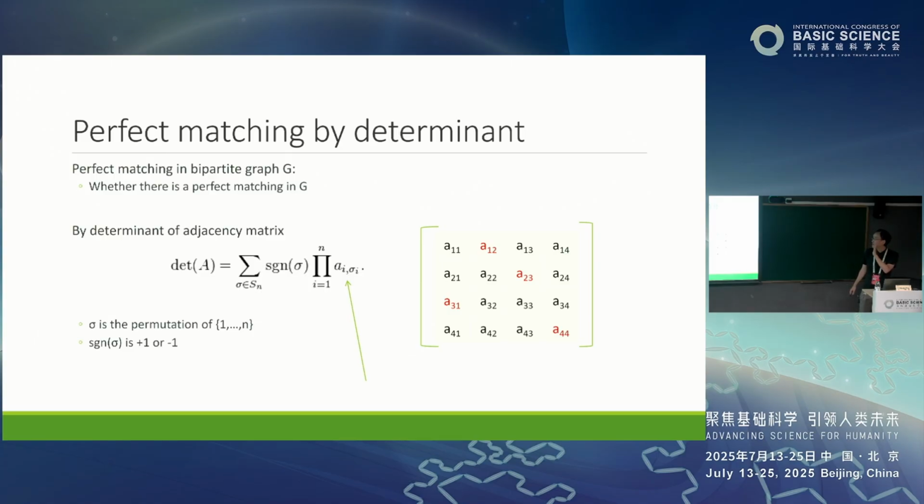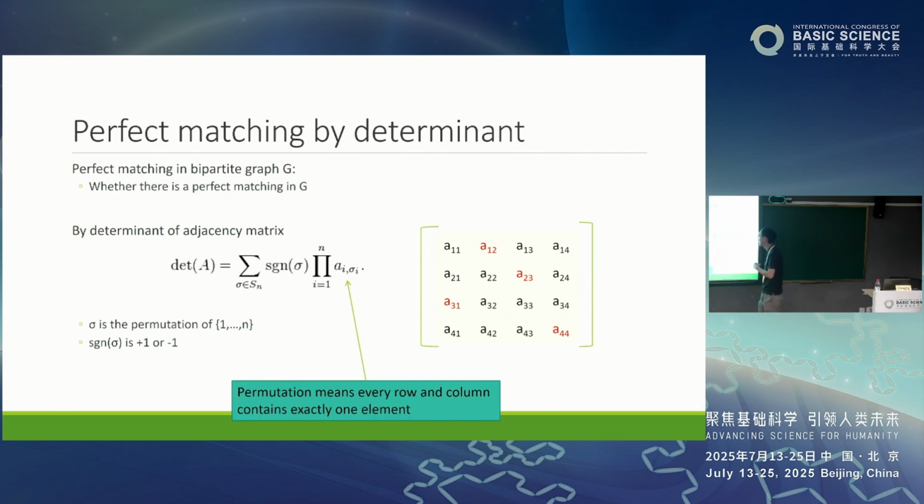But we can decide whether a graph contains a perfect matching by computing a determinant, because of the definition of determinant. If this is the adjacency matrix of a bipartite graph, then the determinant is the sum over permutations, and a permutation means that every row and column contains exactly one element.